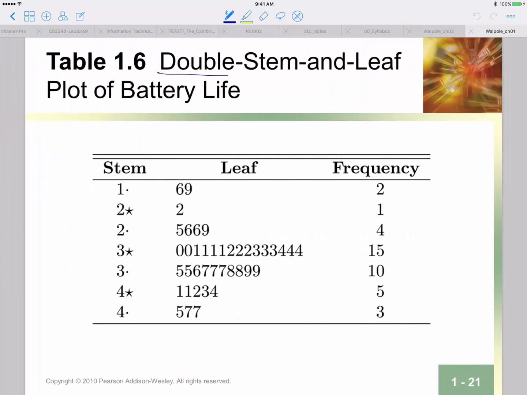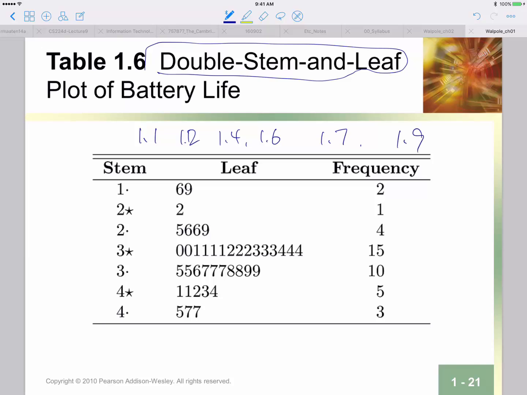And then we consider this double stem and leaf, where we split further. So in this case, suppose we had 1.1, 1.2, 1.4, and 1.6, 1.7, and 1.9. Okay, and this is actually like collecting all this data into one bin, right?